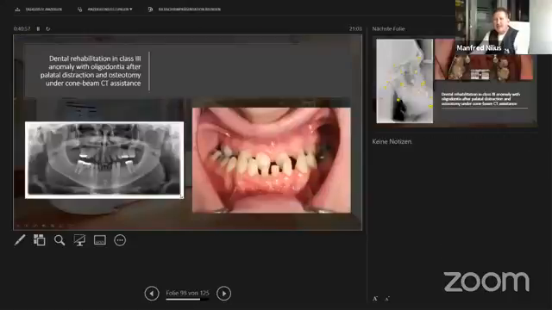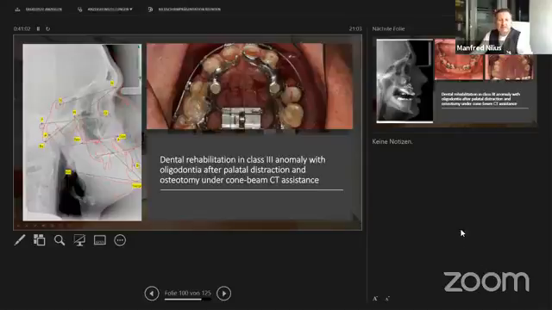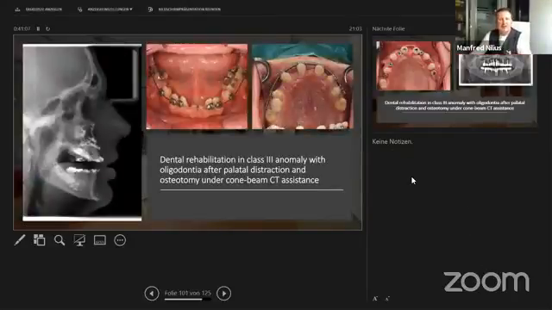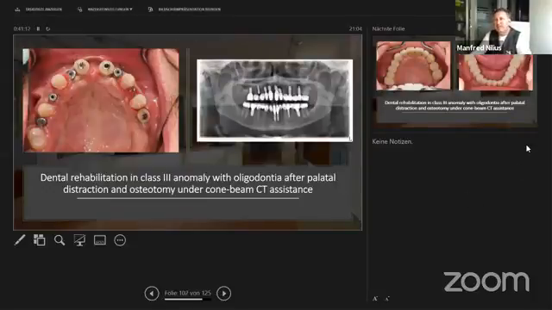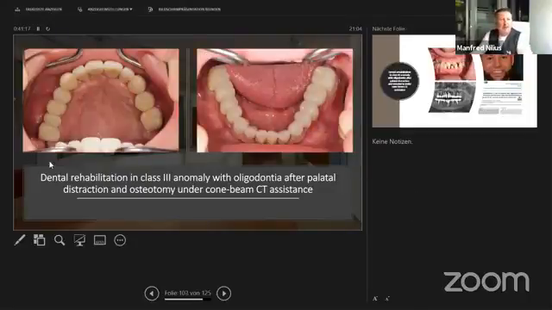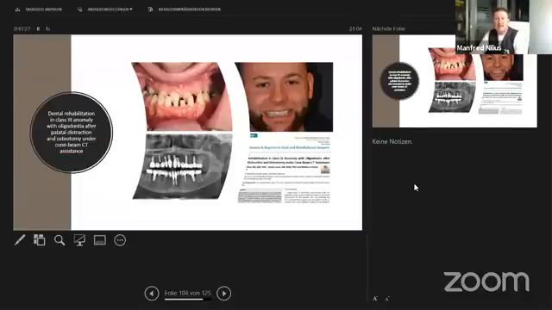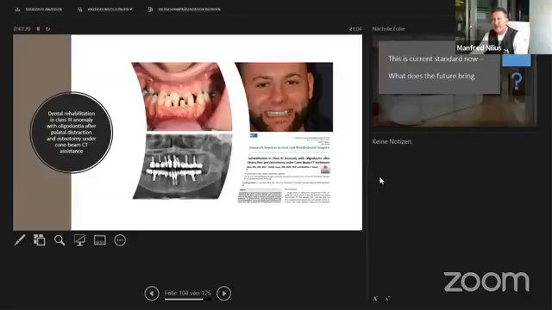And this is planned digitally in palatal distraction, augmented, hip grafted, orthognathic surgery, implanted, wired, and finally we got on the implants the final prosthetic crowns and bridges, yes, bridges as well. So this is possible. This is what we can do now. This is standard now, so it's reported in a rehabilitation. So this is current standard.